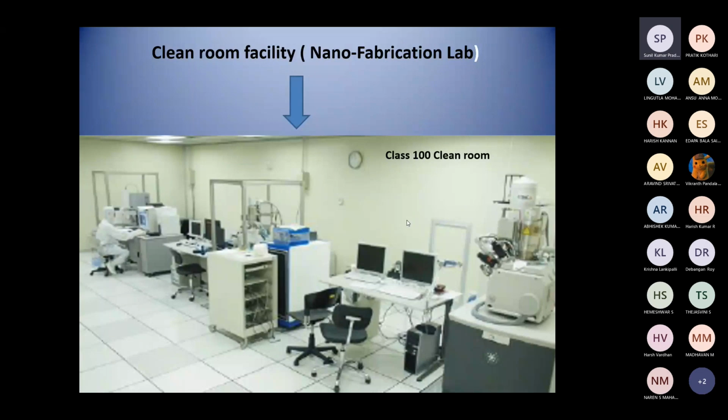For that we need such facilities, and we need an electron beam of sufficient energy. I just discussed that is a 100 kV electron gun, but here we generally employ a 30 kV electron gun. In this way we are able to see the samples which we want to characterize.